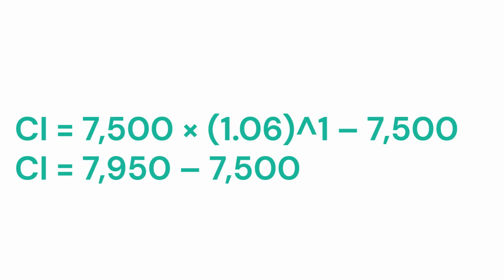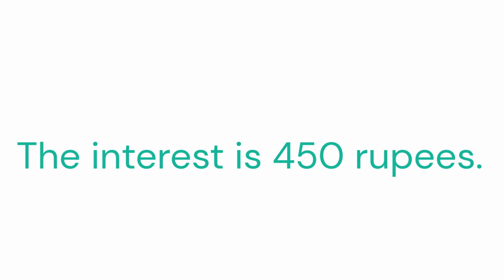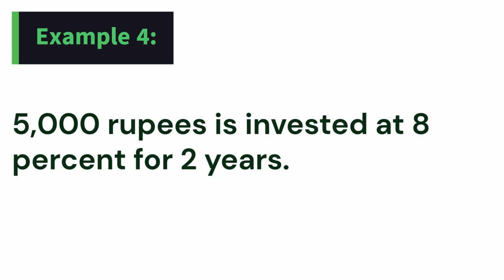So therefore, 7,500 times 1.06 equals 7,950, minus 7,500 equals 450. The interest is 450 rupees.